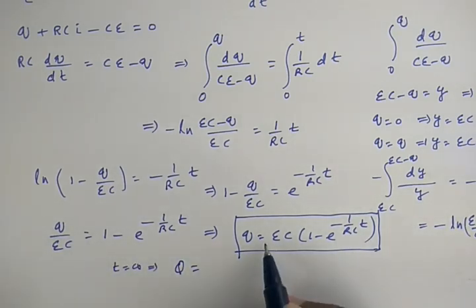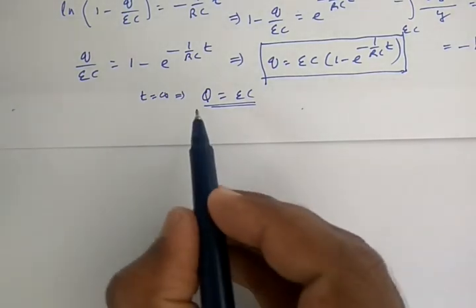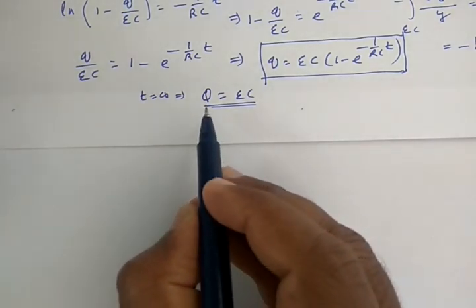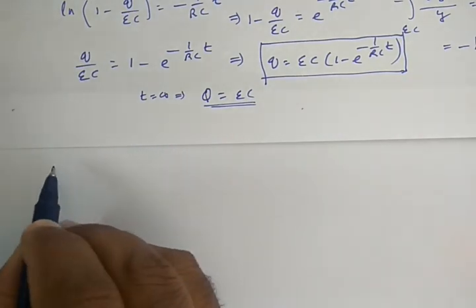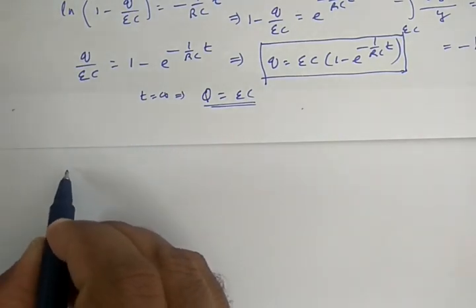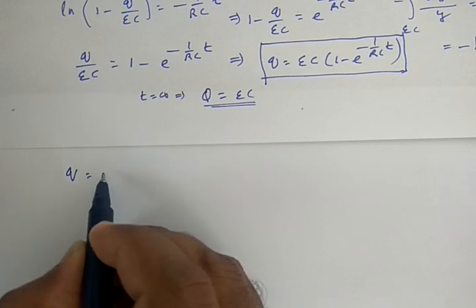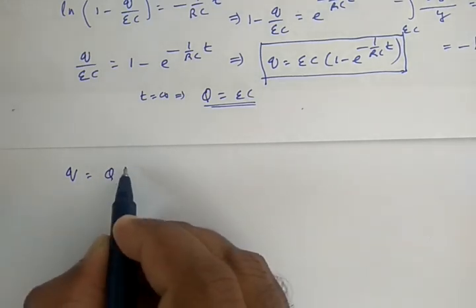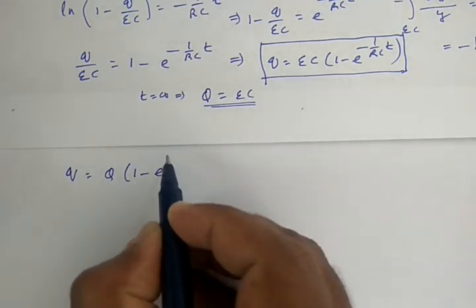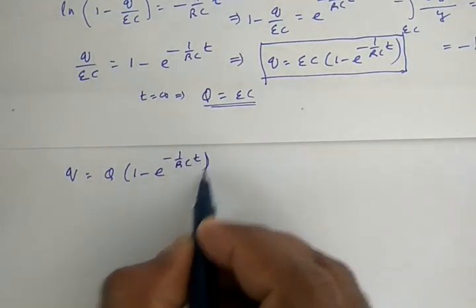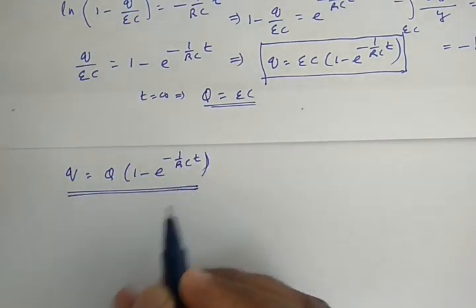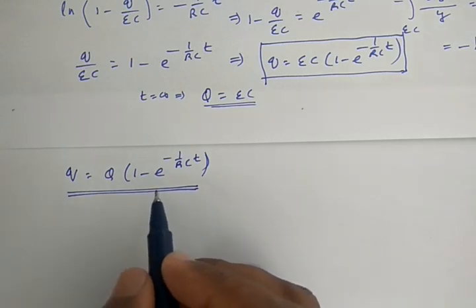At time t is infinity, Q equals EC. So now you can write the charge at time t as q equals Q times 1 minus e power minus 1 by RC into t. This is the charge that appears on the capacitor plate.